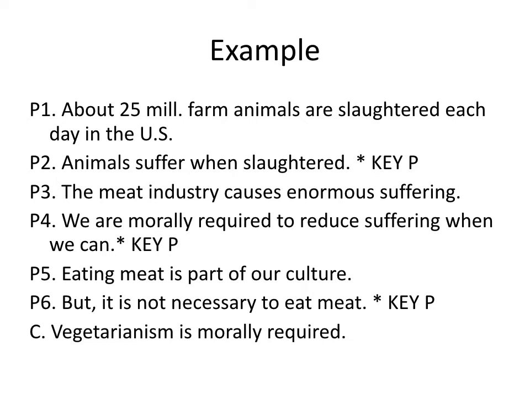But when we go to P4, which states we are morally required to reduce suffering when we can, this premise is very, very important because it identifies a moral obligation that we have, and specifically a moral obligation related to suffering. This works together with the P2, which said animals suffer when slaughtered.